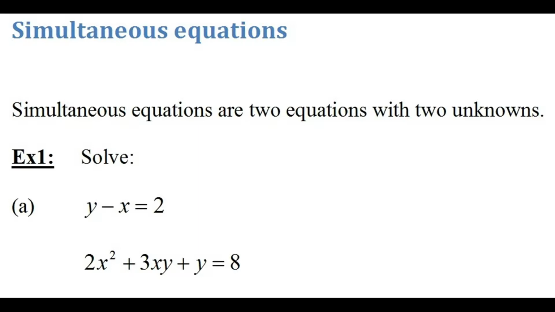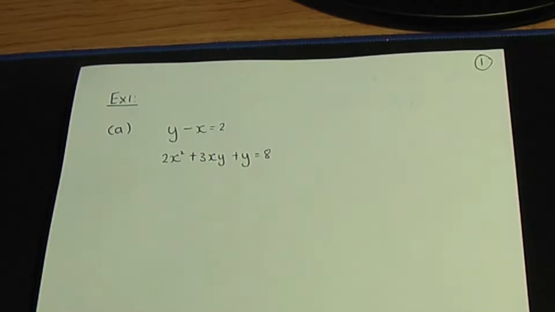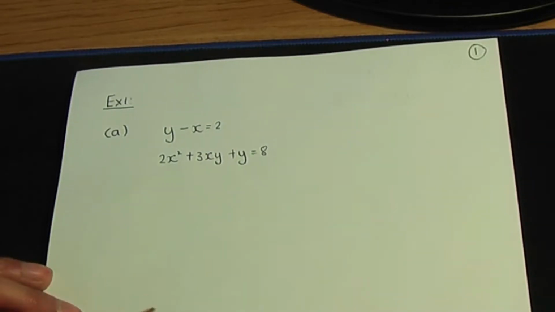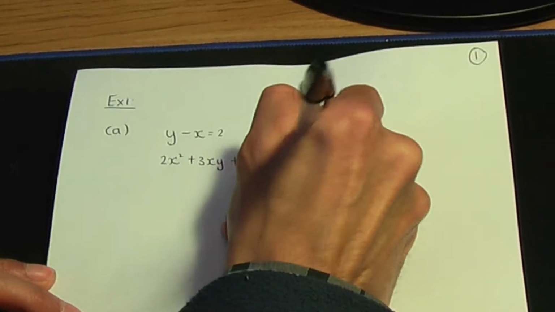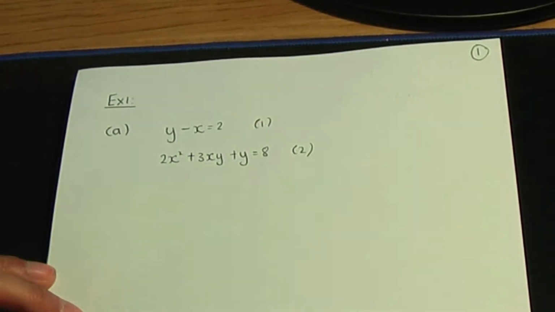So back to the paper and pen. So here is example 1 part A. What I usually do is I name my equations 1 and 2. Okay, so that's a good starting point.